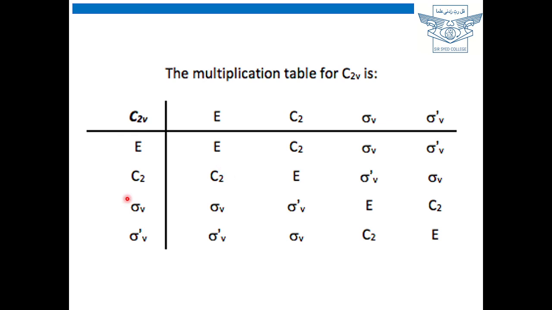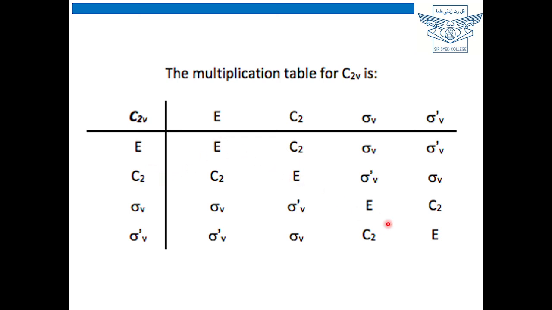If you observe carefully, you will see how to fill it. You write E, C2, sigma V, sigma V prime. The same thing repeats along this row as well as along this column, because in both of these the operation involved is identity.